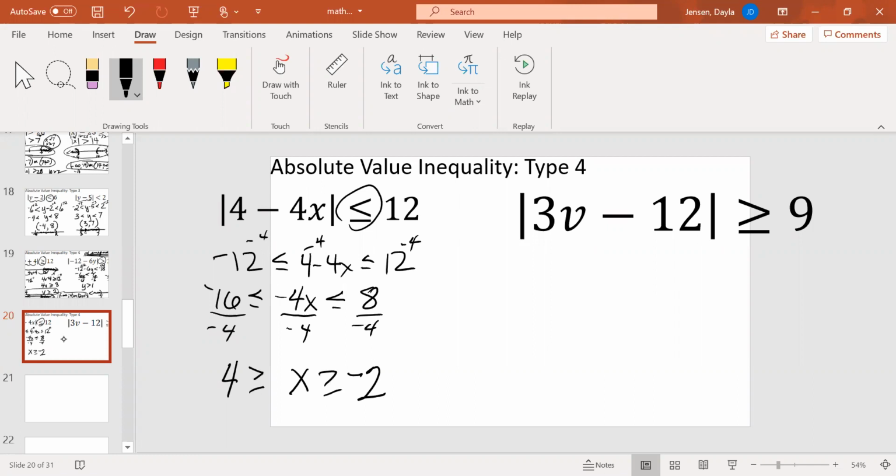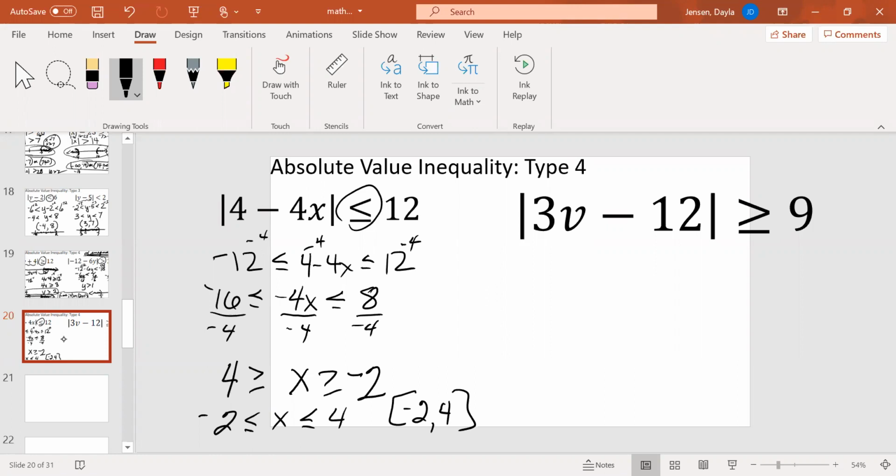So I reverse the sign, and really, to be more correct, I should put x is between negative 2 and 4. I could write interval negative 2 to 4. Anything between those two numbers, including the endpoints, will satisfy that absolute value inequality.